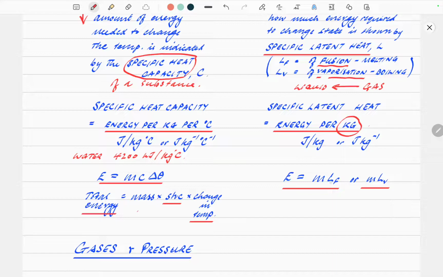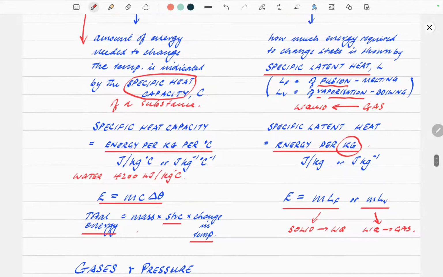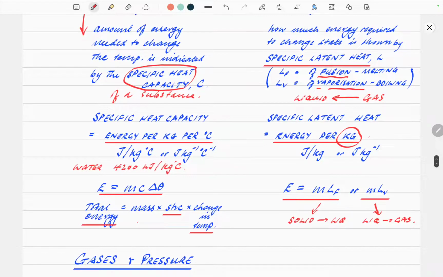This one is a solid to a liquid, and this one is going to be a liquid to a gas. All right? Okay. Oh, I've just spotted a mistake, and I want to correct that before I move on. That should not be kilojoules. Let's just clarify that before I get anybody complaining.